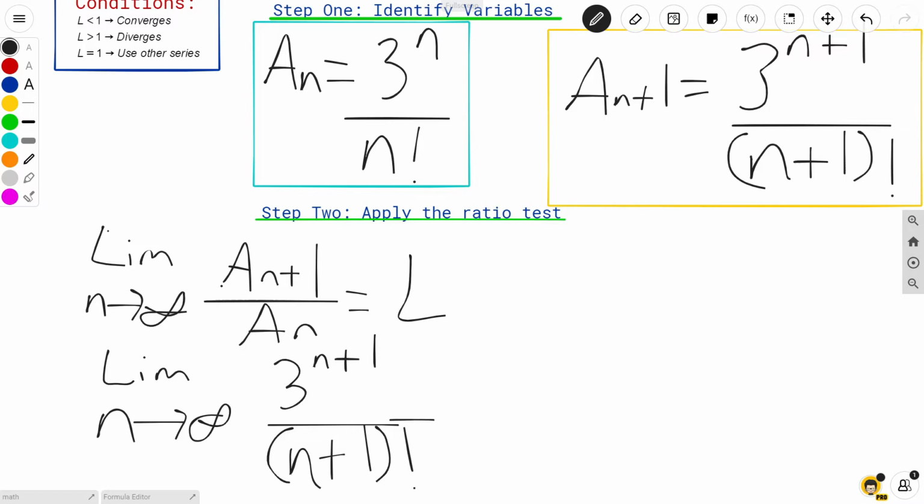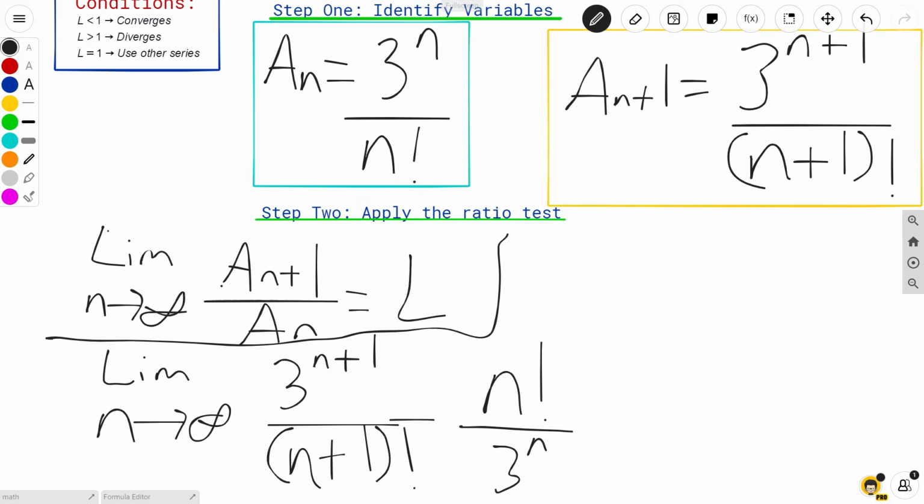For a sub n, it's 3n, but I'm going to write a line to separate these two, and we're going to reciprocate it because it's on the bottom. So we reciprocate it in this step right here: n factorial divided by 3 raised to the n.